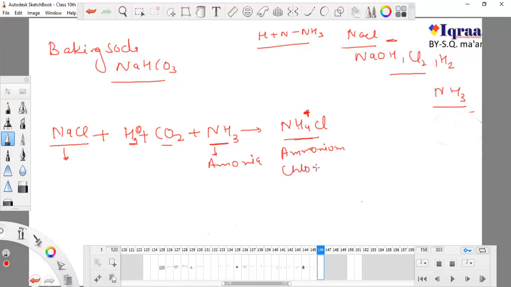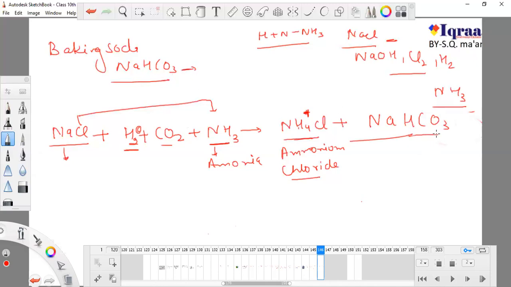Another thing formed is that NH3 reacts with this, and one H is used, forming ammonium chloride. And the second type of salt formed is sodium hydrogen carbonate, which we are going to learn.